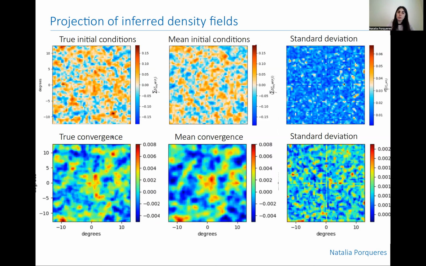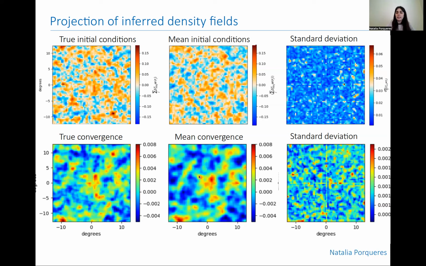The first column are the true fields, the ones we use to generate the data. Then here we have the mean and the standard deviation from the posterior samples. If you compare the first two columns, you see we are recovering the structures from the truth. And we also have a way to quantify the uncertainty.